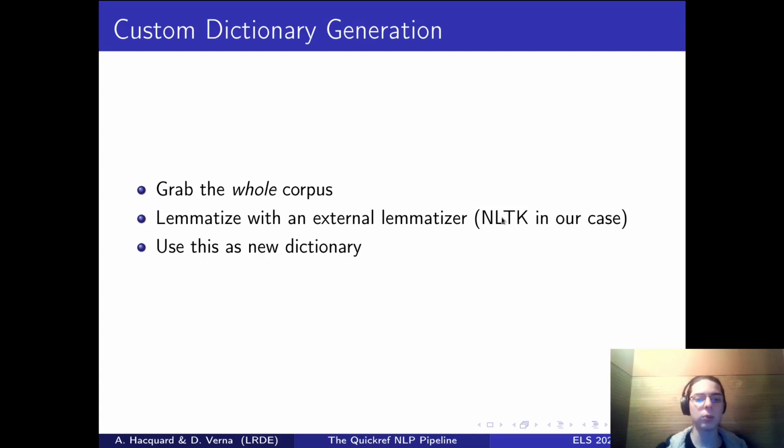To create this custom dictionary, we first grab all of the words in our corpus and then use an external lemmatizer. In our case, it is the lemmatizer proposed by the Natural Language Toolkit of Python, the NLTK library. And thanks to this external lemmatizer, we lemmatize all of the words of the corpus and use this new dictionary as our custom dictionary for lemmatization.